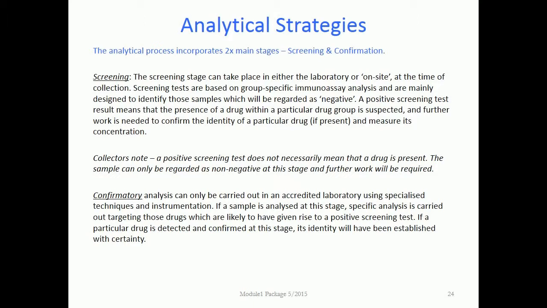A positive screening test result means that the presence of a drug within a particular drug group is suspected, and further work is needed to confirm the identity of a particular drug, if present, and measure its concentration. Collector's note: a positive screening test does not necessarily mean that a drug is present. The sample can only be regarded as non-negative at this stage, and further work will be required.